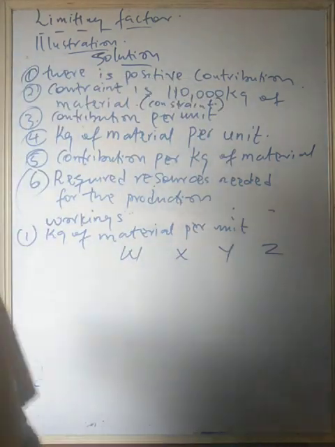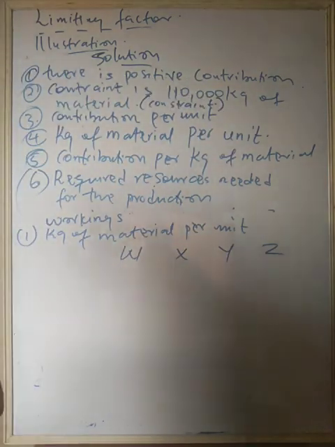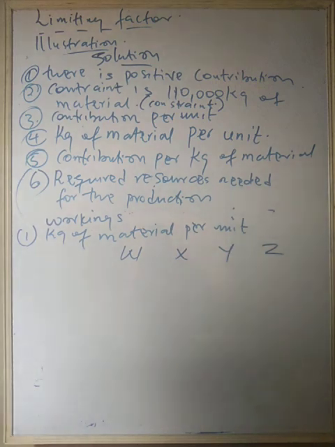Kg of material is, look at the question. The question says the material is at 1 pound per kg. If you go to the question, what is the pounds per unit? For W that is 6 pounds.